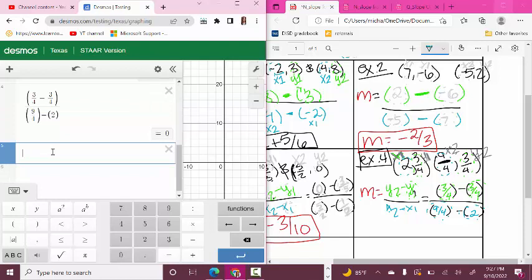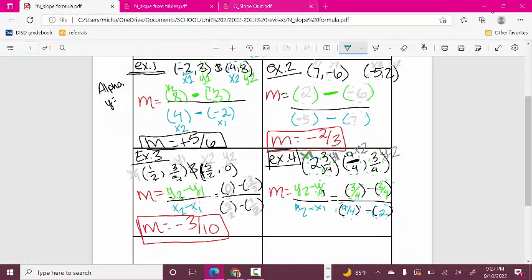That's 0. And that makes sense because our numerator was a number minus itself. So those were opposites, right?